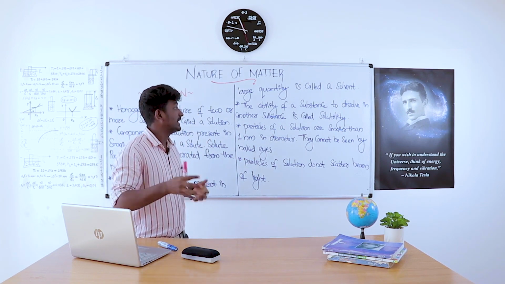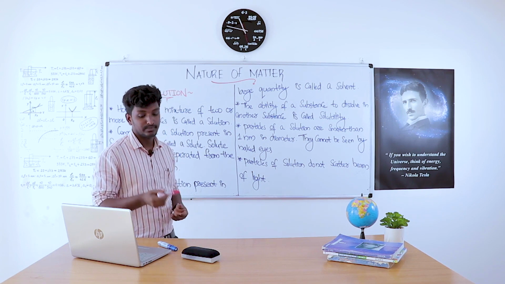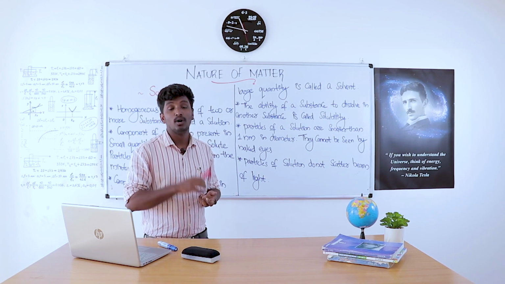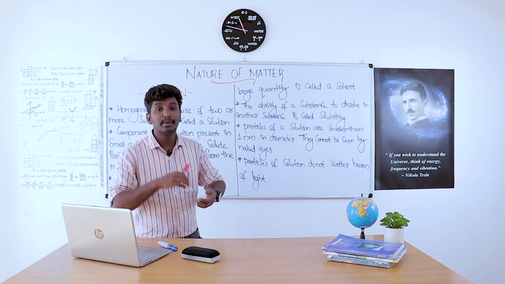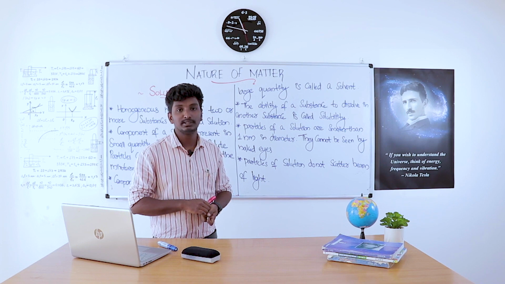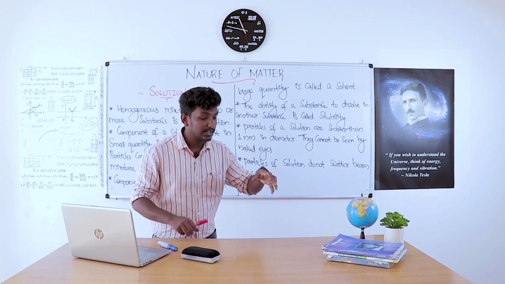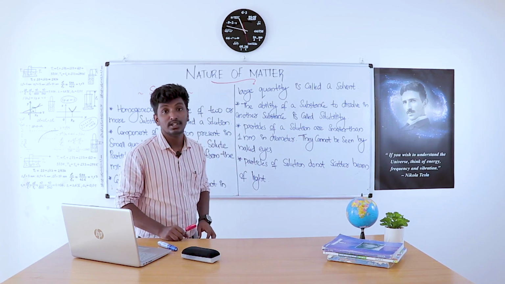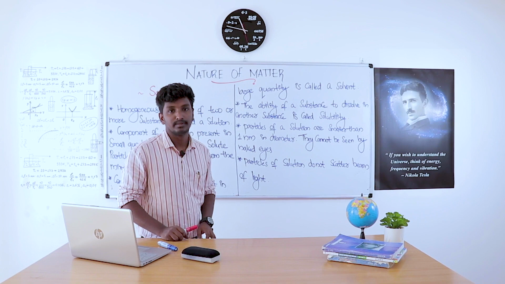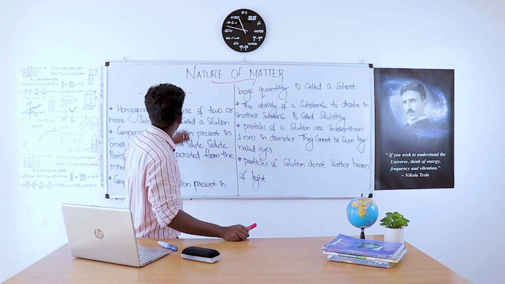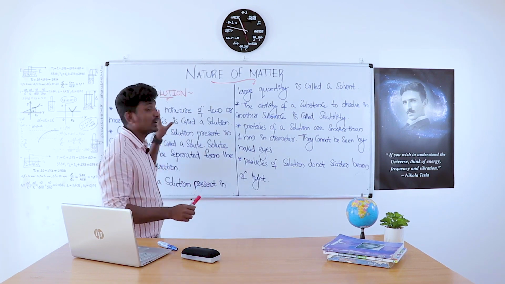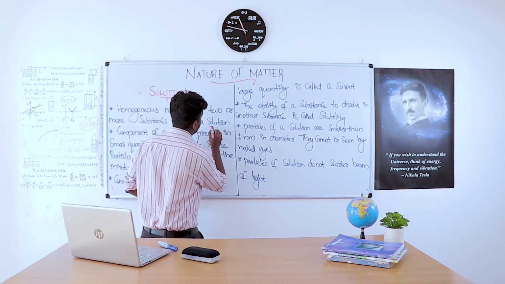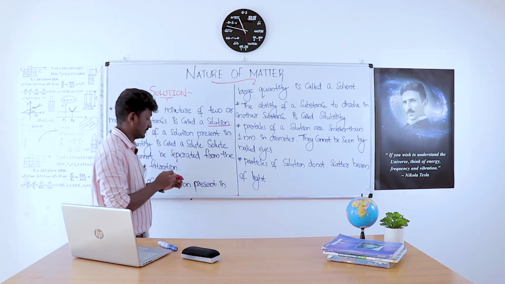We already discussed what a homogeneous mixture is: two or more elements or compounds combined together to form a mixture of uniform composition. Here, a homogeneous mixture of two or more substances is called a solution.